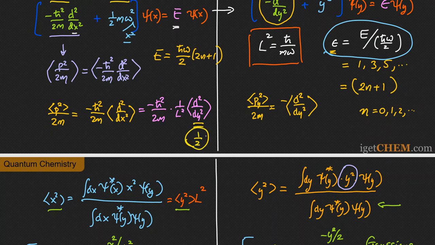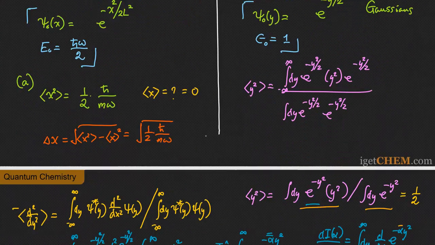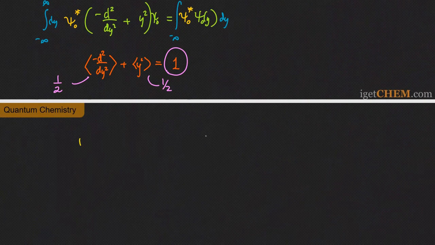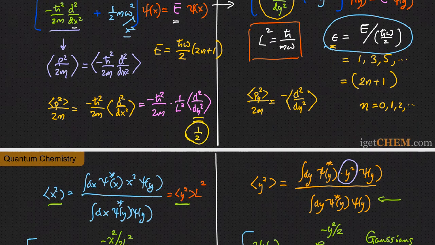So let me now write everything back in. So I'm going to write down p squared over 2m. So the expectation value of p squared over 2m is equal to h bar squared over 2m.